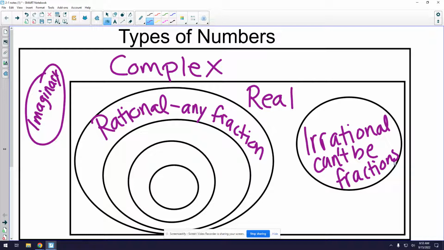For example, the square root of 2. You can't take the square root of 2 when you type it in a calculator. It doesn't simplify down to one exact number. Square root of 2 is going to be irrational. It's a decimal that doesn't end, doesn't repeat. It cannot be turned into a fraction.